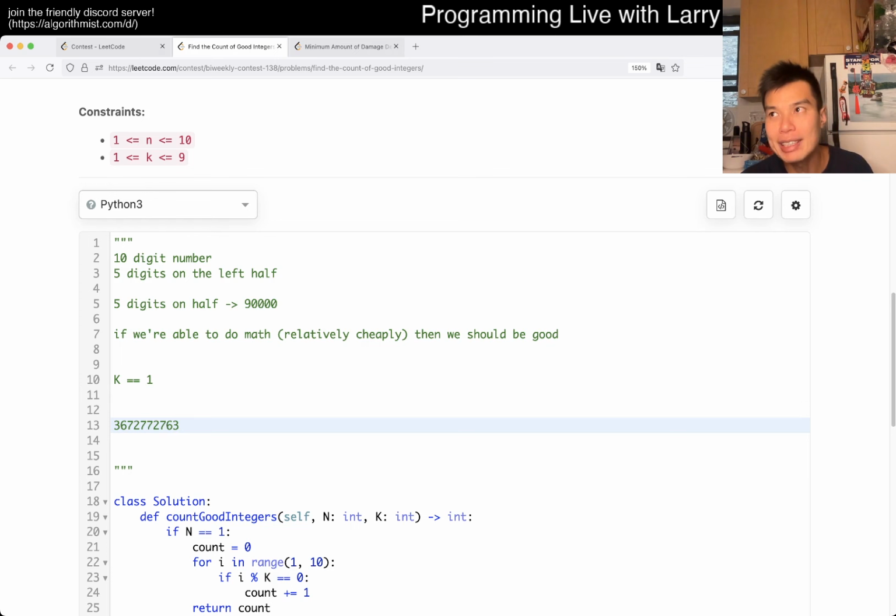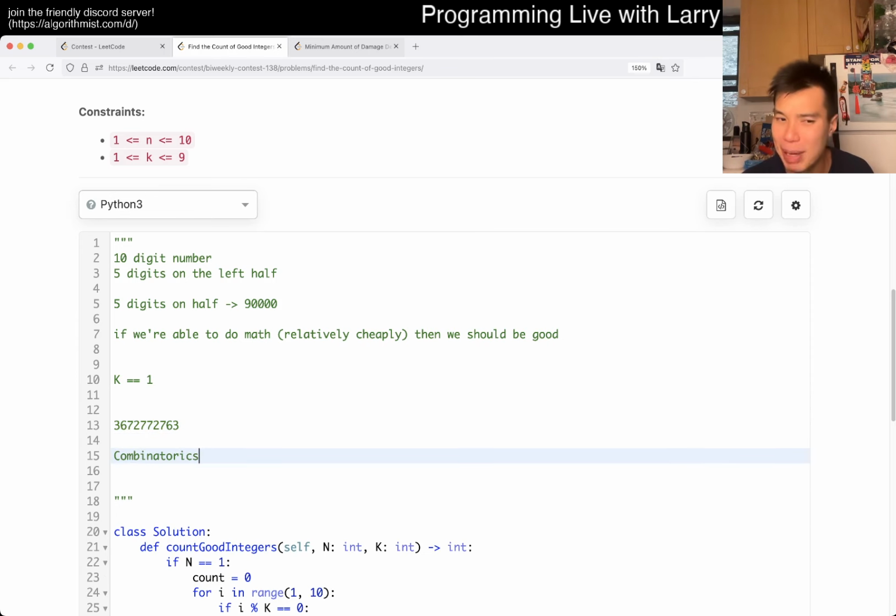So the way that I did it is I calculated how many ways there are for numbers to turn into this number, right? And that becomes a basic mathematical problem. Honestly, I'm not going to go over this that much, because it is basic combinatorics and counting principles, counting 101.